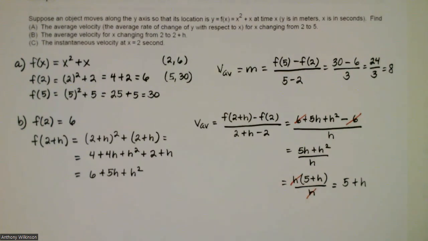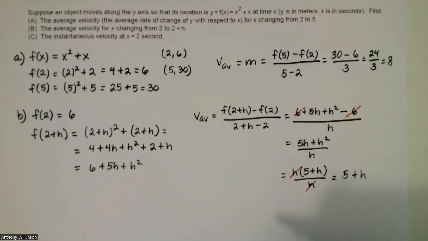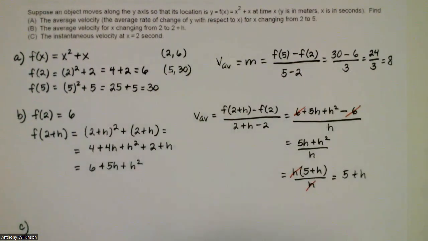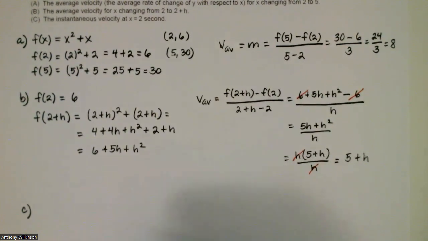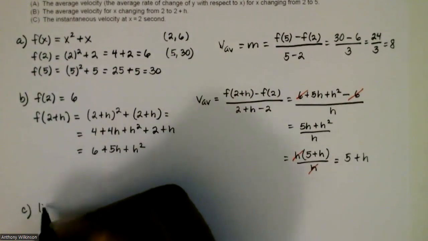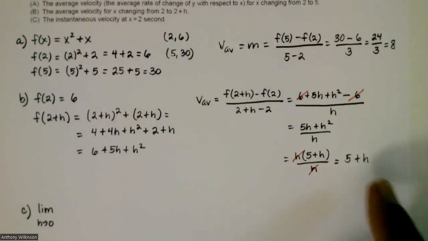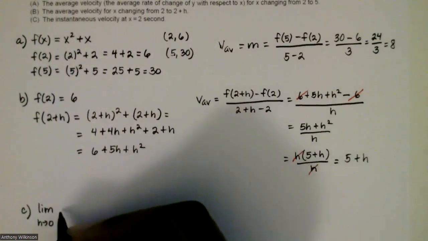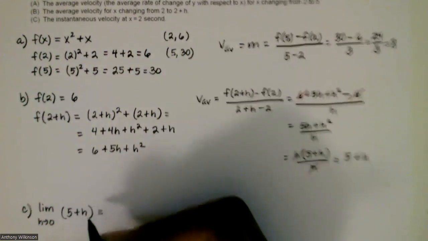Now, part C, they want the instantaneous velocity at x equals 2. So that means we take the limit as h approaches 0 of this expression, 5 plus h. Well, that's simple.